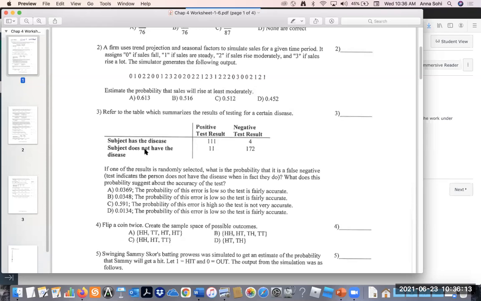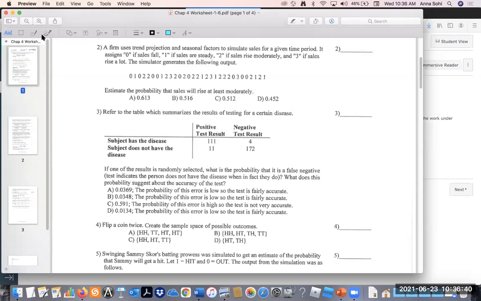False negative means the person has the disease and the result comes negative. So that's 4 out of the total.